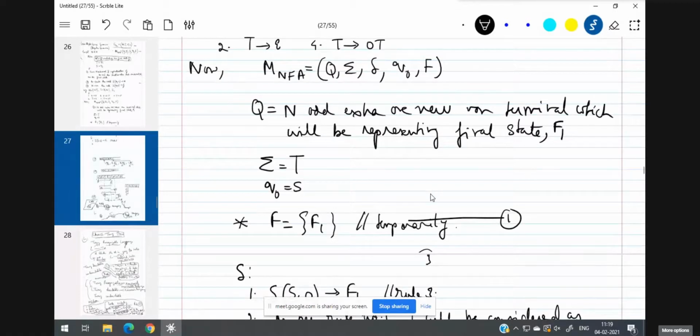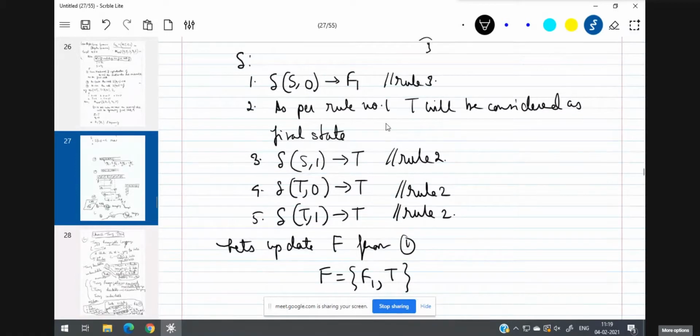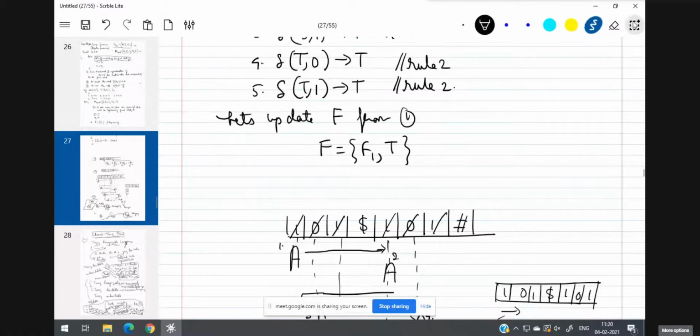F is F1 comma T, since as per rule 1, T has to be treated as a final state.